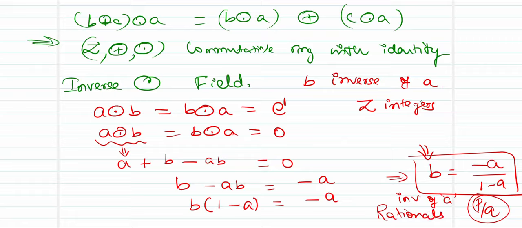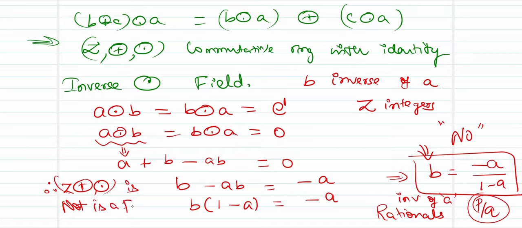Does rational become a part of the integers? No, not at all. So you don't have B belonging to the set of integers. Therefore, we say that Z with respect to plus circle and dot circle is not going to be a field.